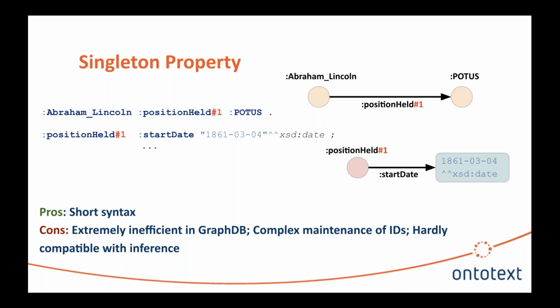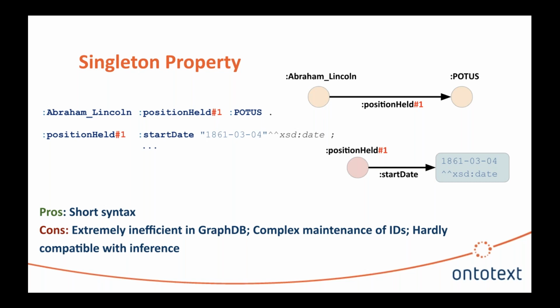He said, okay, if we have Abraham Lincoln and position held POTUS, then I'm going to make a unique ID assigned to the predicate, and I'm going to use this local name #1. And this #1 will make it a really new predicate for which I'm going to state something.